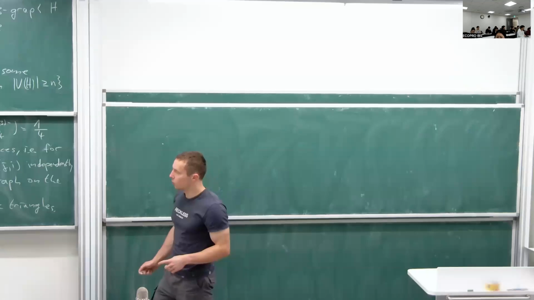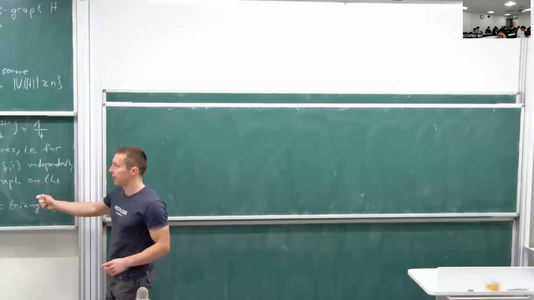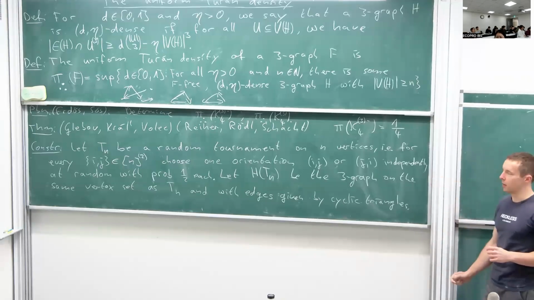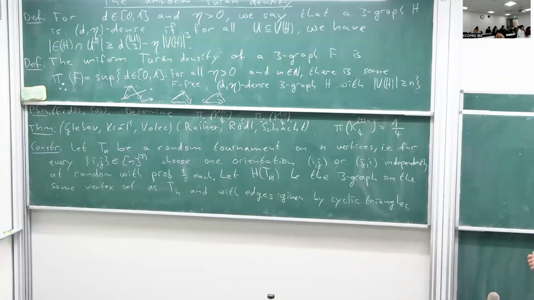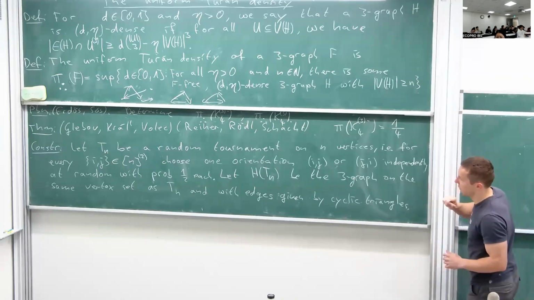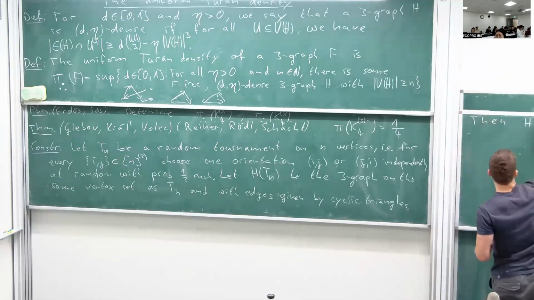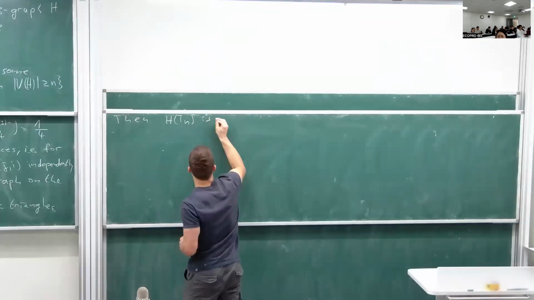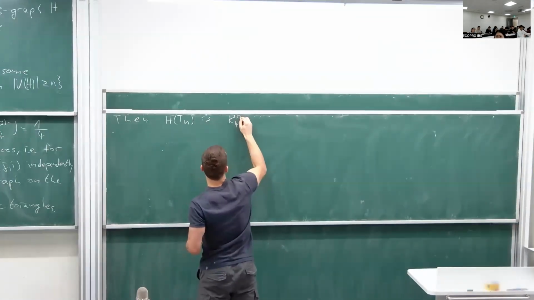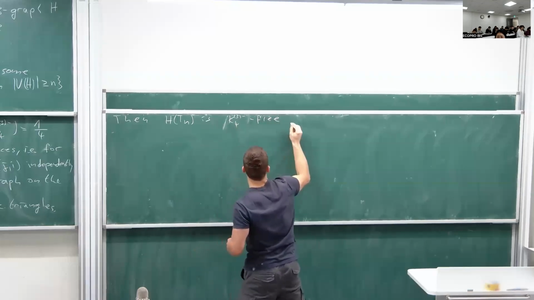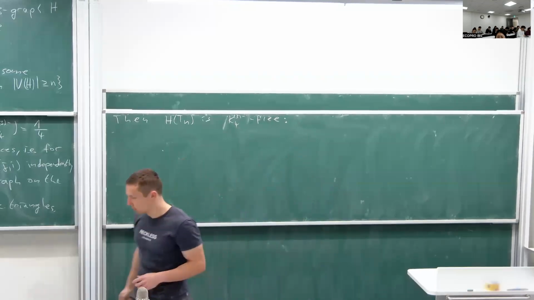Okay, so now, on the one hand, we claim that this one is uniformly dense with density 1/4, and on the other hand, we claim that this is K4^{-3}-free. So first, maybe let's check the K4^{-3}-freeness.